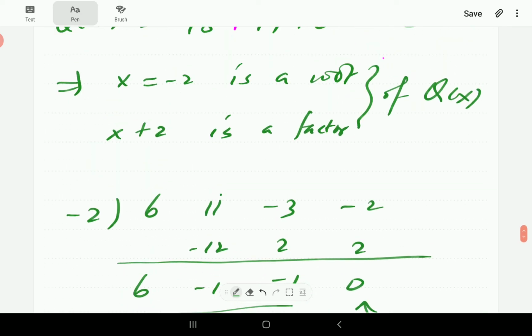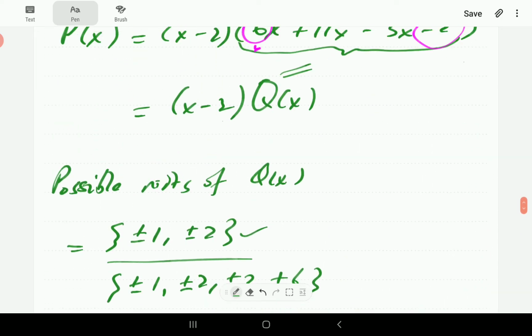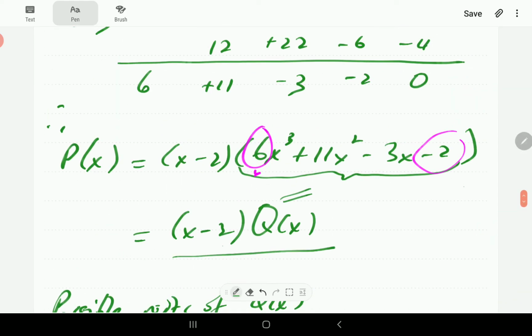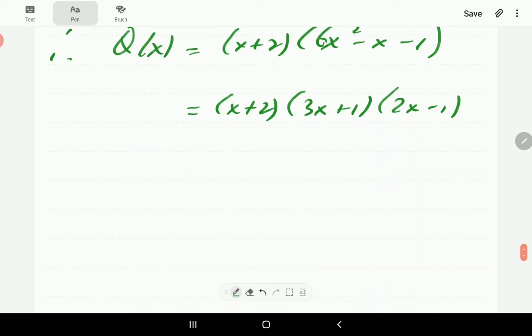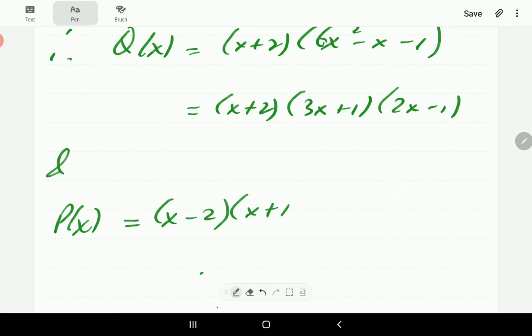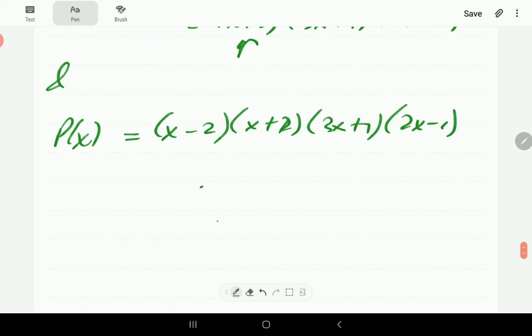So if we take this and plug it back into p of x, then p of x is going to be x minus 2 into x plus 2, then 3x plus 1, 2x minus 1.